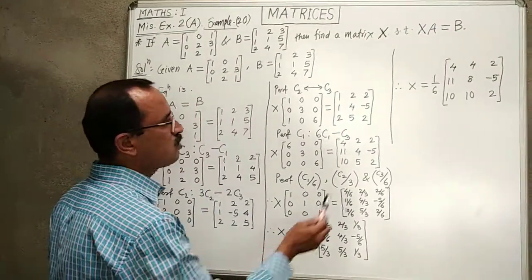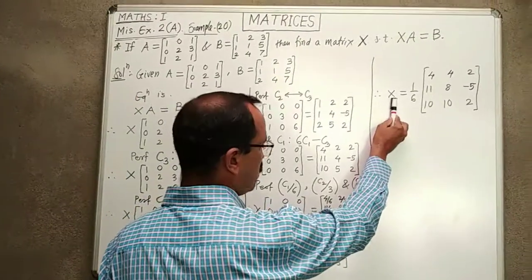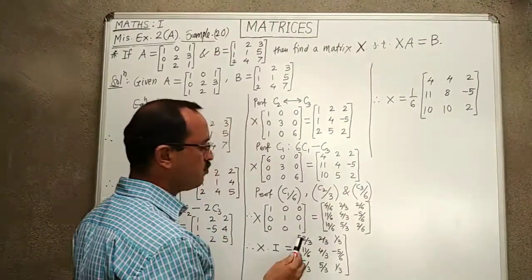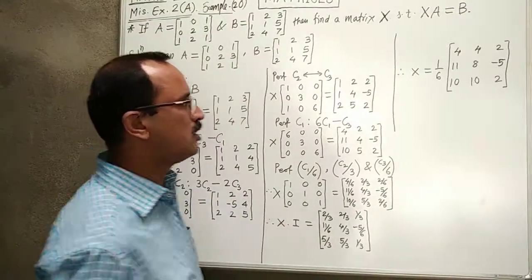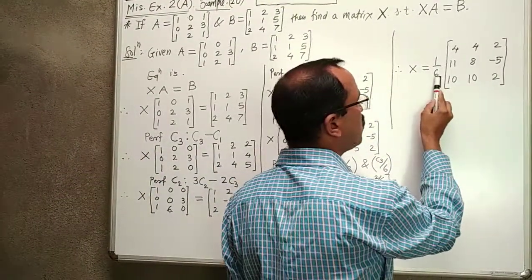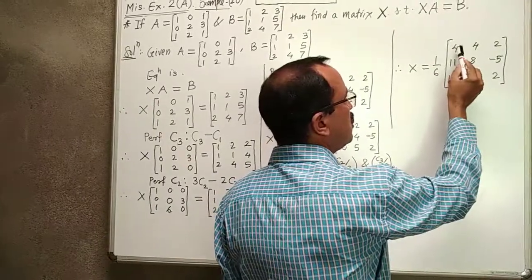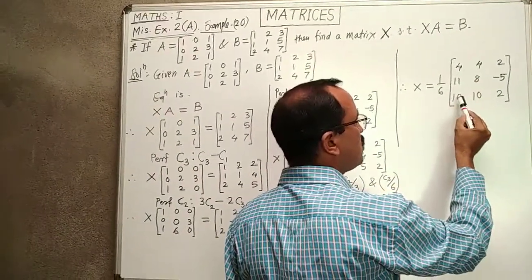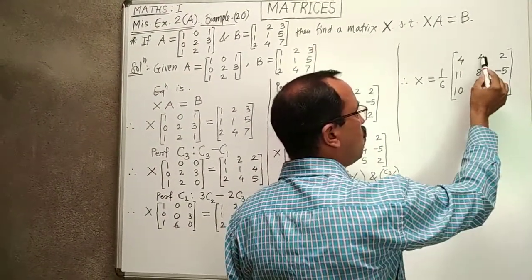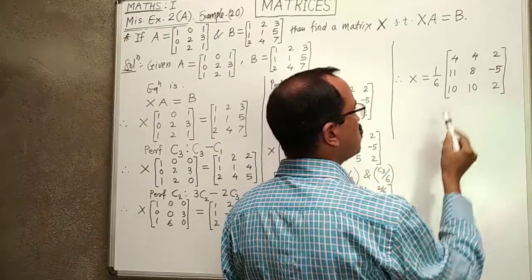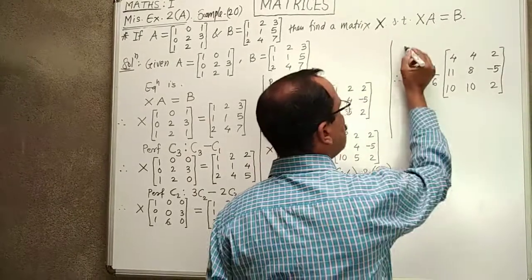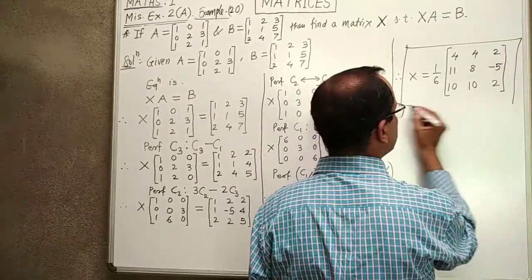Now X into I is equal to X. If we take 1 upon 6 common from this matrix, then matrix X is equal to 1 upon 6 into the matrix with first column 4, 11, 10, second column 4, 8, 10, and third column 2, minus 5, 2. So this is the final value of X.